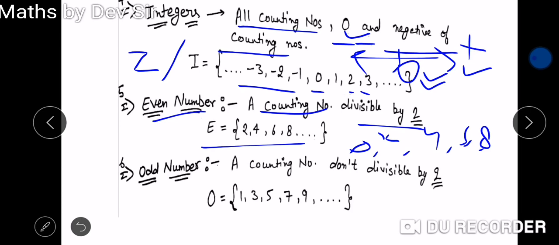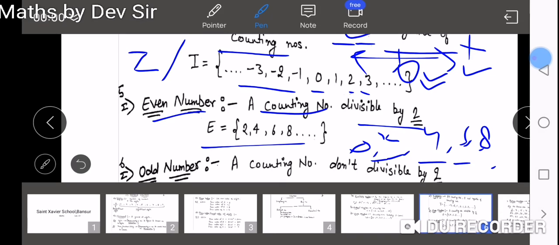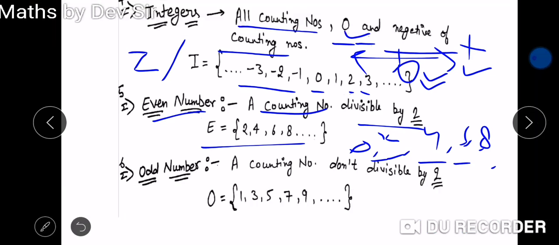So if at the ones place we have the digit 0, 2, 4, 6, or 8, then that number will be an even number. And for odd numbers: a counting number not divisible by 2. If a number is not divisible by 2, then that number will be an odd number.